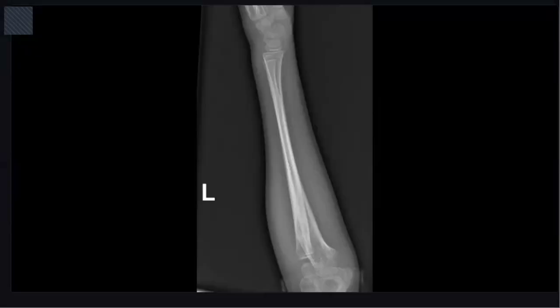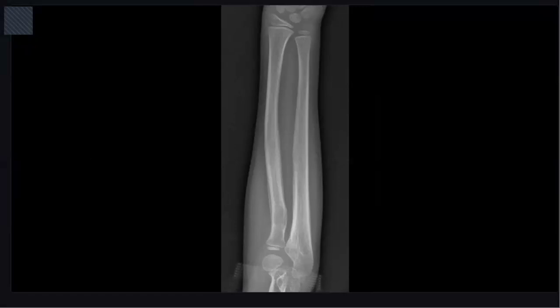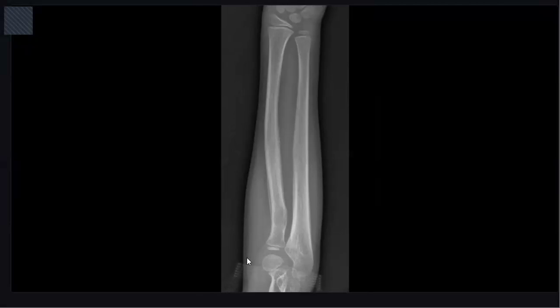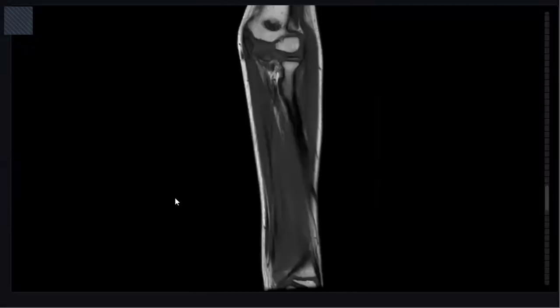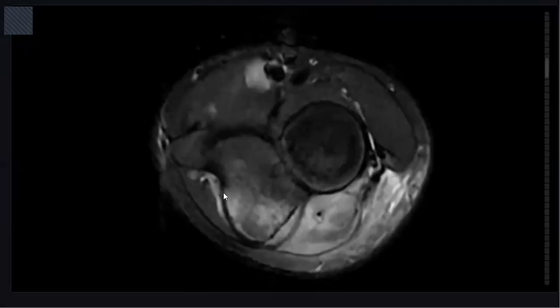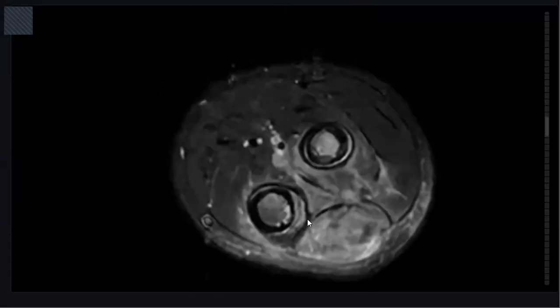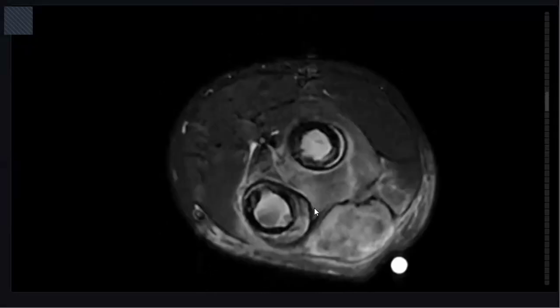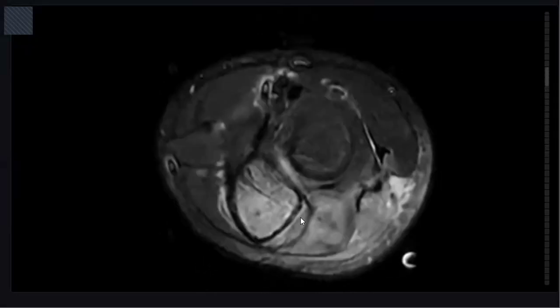This periosteal reaction with some soft tissue swelling: Ewing, Langerhans, osteomyelitis, all these are our differential. MRI also, but here we can exclude Ewing because there is not so much bone involvement, just edema, so we can exclude neoplastic.